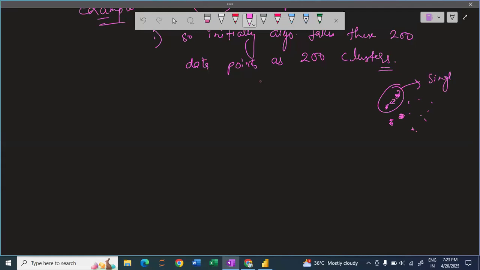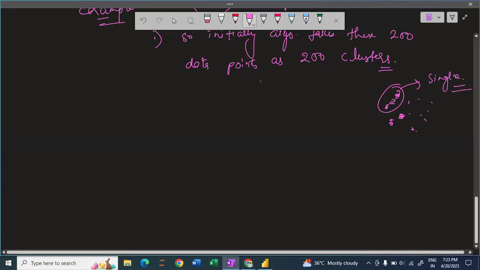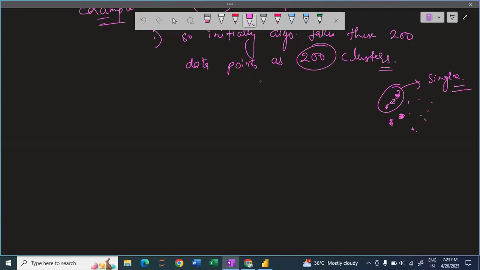Now tell me, if you have 200 clusters initially, how many clusters remain after connecting them together? If two clusters come together, how many clusters do we have remaining? 100, or not?